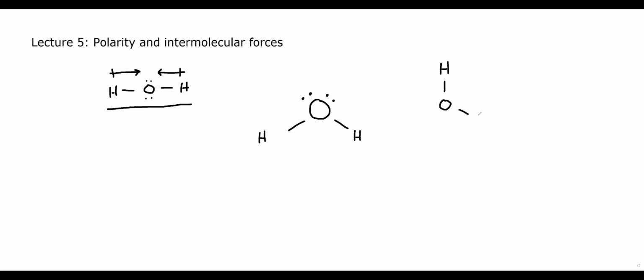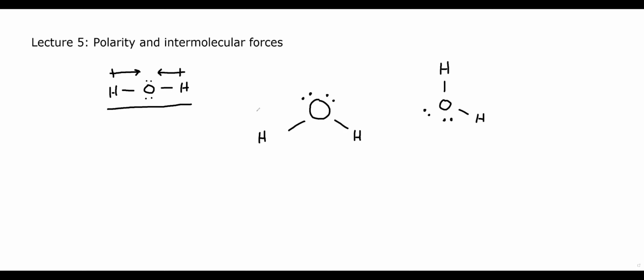We could draw it like this. You can draw it at any orientation. You can draw the water molecule at whatever angle you prefer, but however you draw it, you will have the hydrogens oriented in this bent conformation. Remember, this would be a bent molecular geometry.